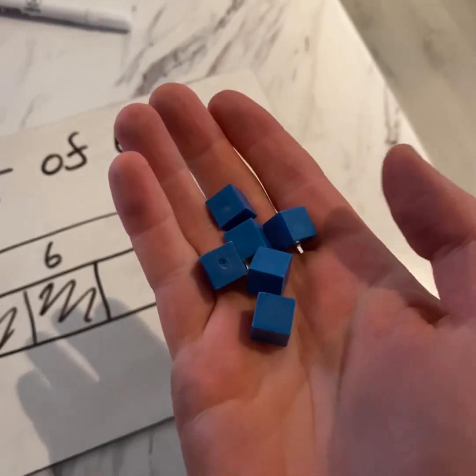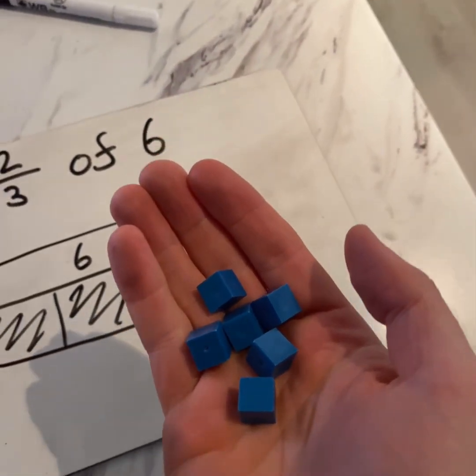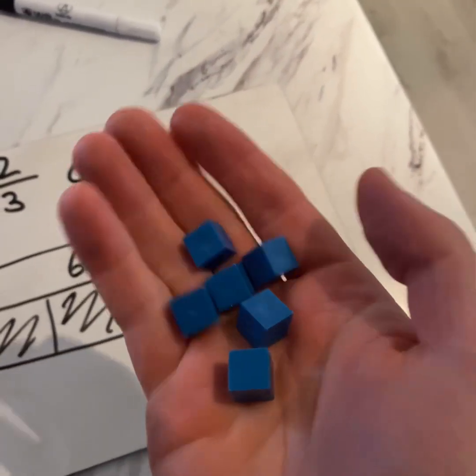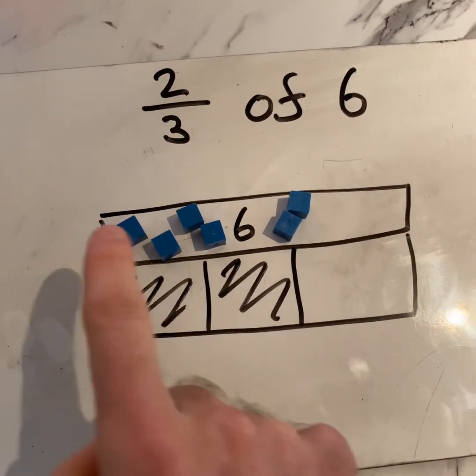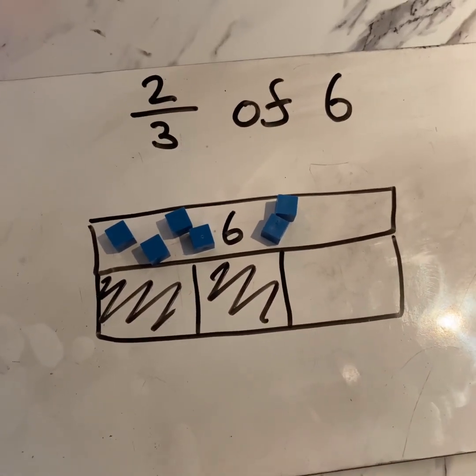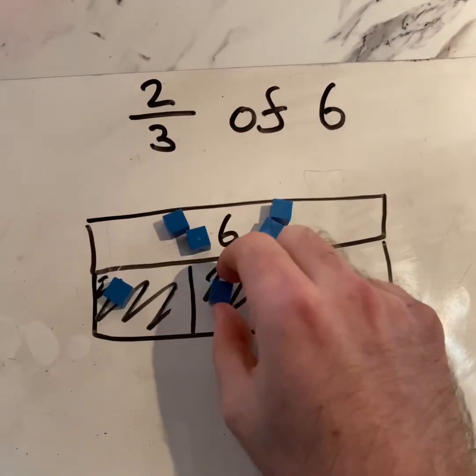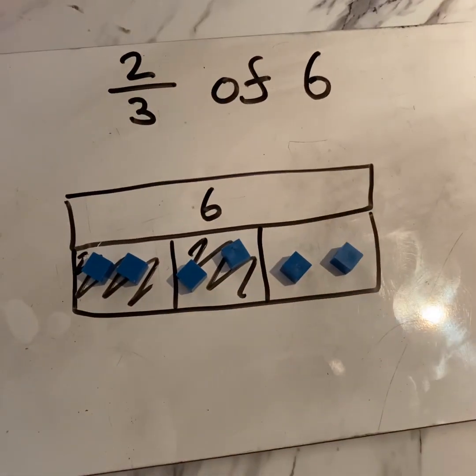Now, a good way to make this easier is to get yourself some cubes. If you don't have cubes, you could use coins, counters, apple seeds, anything really. So I've got 6 cubes in the whole. What I need to do is share these equally out between the 3 parts. So 1, 2, 3, 4, 5, 6.